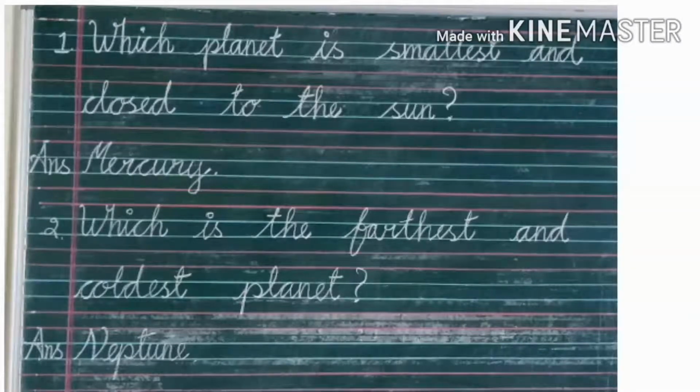So which is the farthest and coldest planet in the solar system, children? Yes, the answer is Neptune.